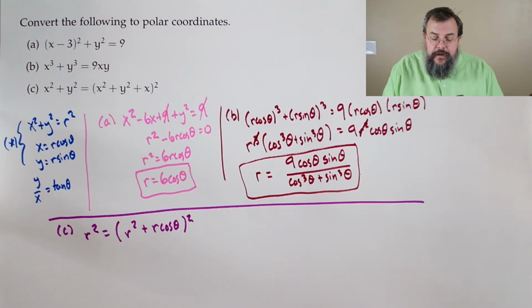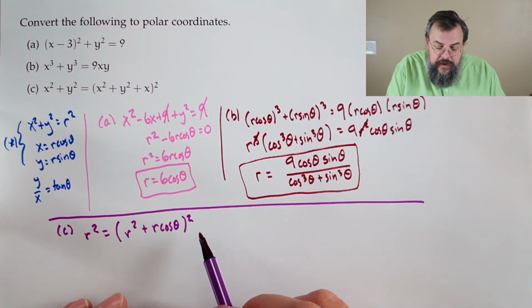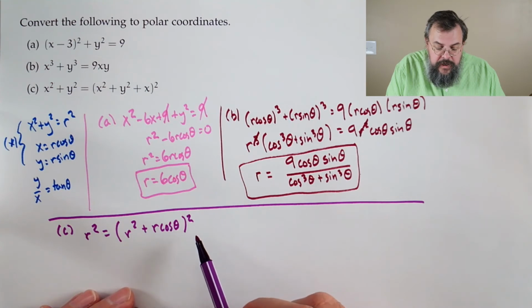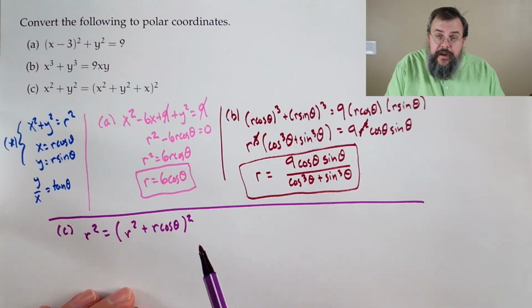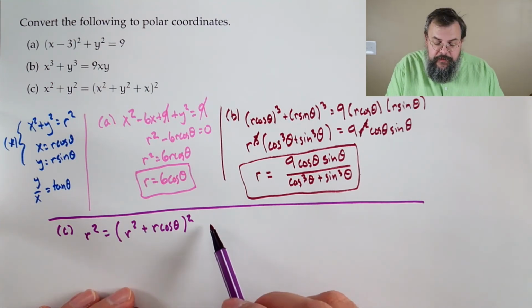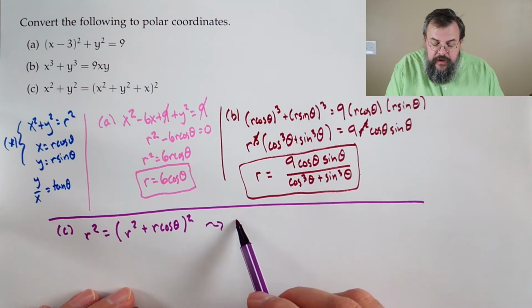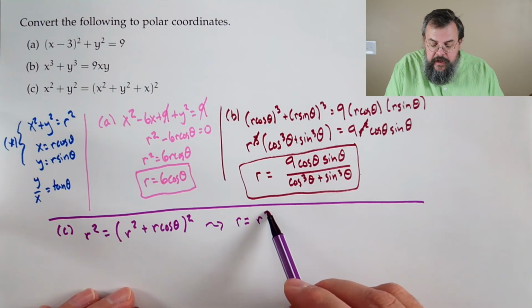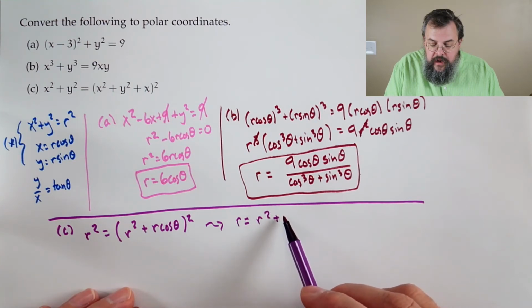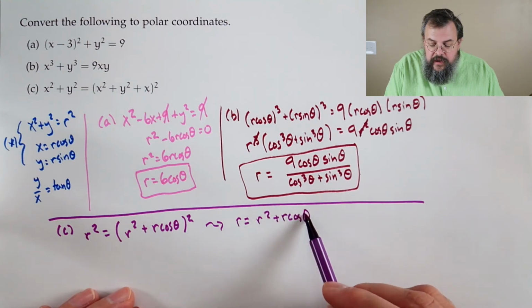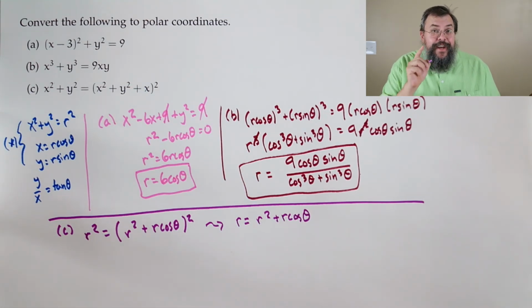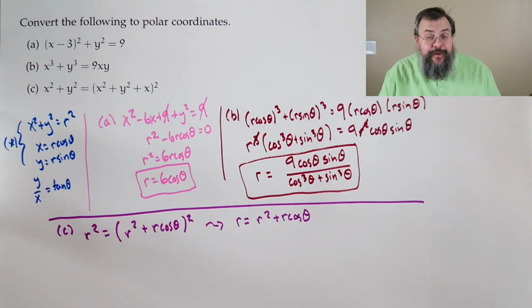And now, great, we've made a lot of progress. Well, let's see, what else can we do? Well, we can take a square root of both sides. So that would lead us to r is equal to r squared plus r cosine theta. Now, you might be saying, okay, Steve, I'm highly suspicious of you taking a square root of both sides.